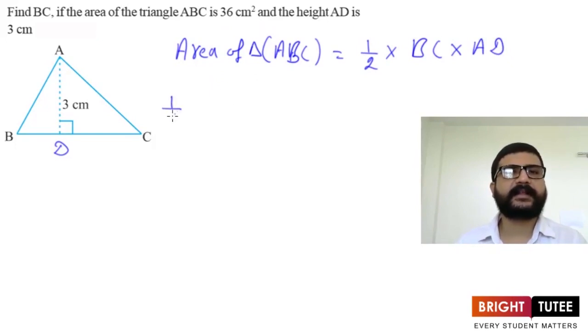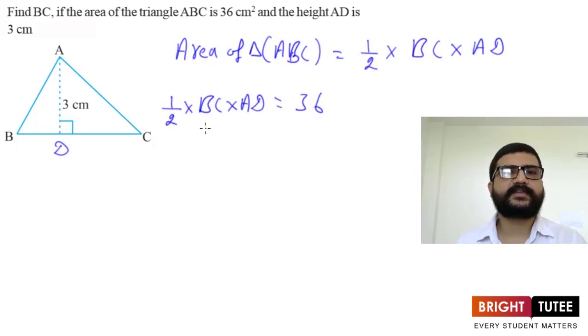So therefore we can write half into BC into AD is equal to 36. So now from here we have to find BC and AD is already given to us. It is 3 centimeters. So let's put the value of AD here. So we will get half into BC into 3, and this is equal to 36.